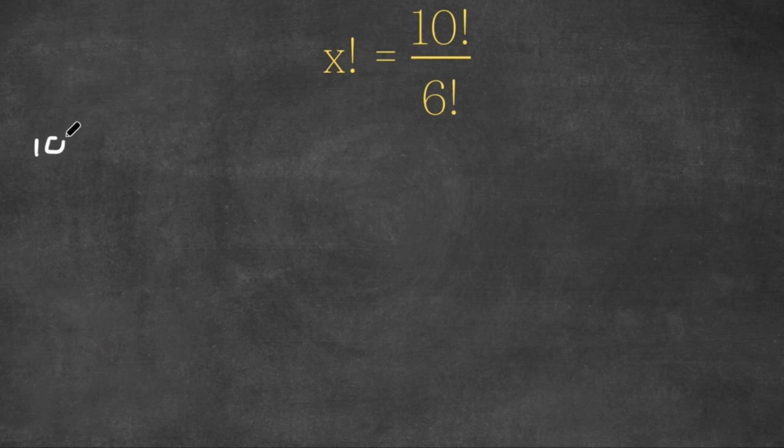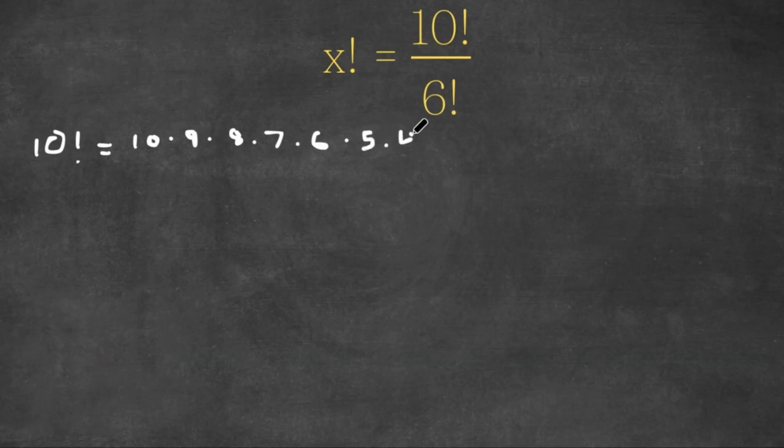Now, 10 factorial is equal to 10 times 9 times 8 times 7 times 6 times 5 times 4 times 3 times 2 times 1.